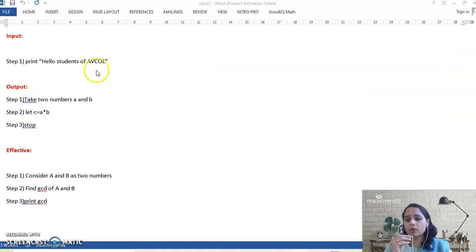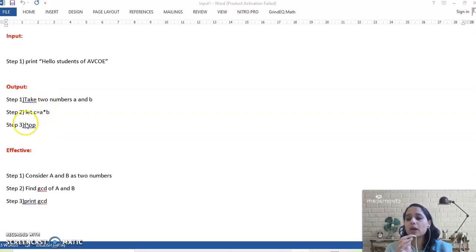Okay. Now, talking about the next thing, the output. Your algorithm should have at least one output. See, you are performing all the steps, but for what purpose am I performing those steps? So that particular output should be printed on the screen. For example, my algorithm contains a few steps here. Take two numbers A and B. Then the next step is let C equal A into B, that is the multiplication of A and B, and the result is stored inside C. And finally, I am stopping here.